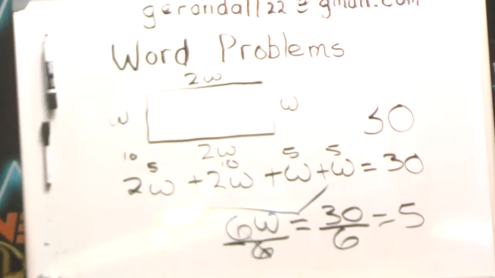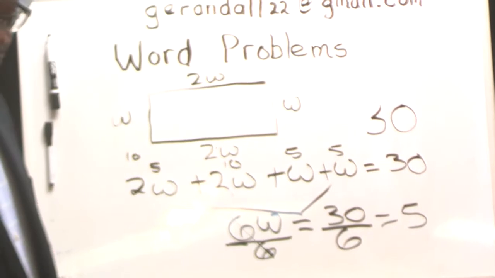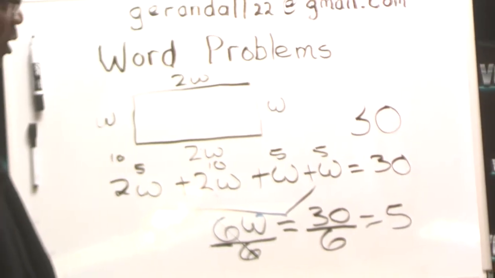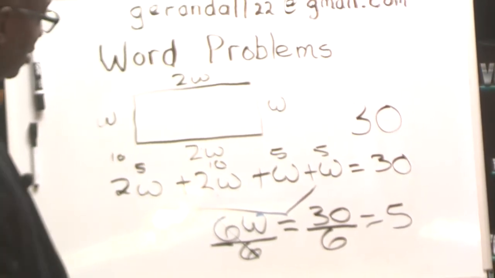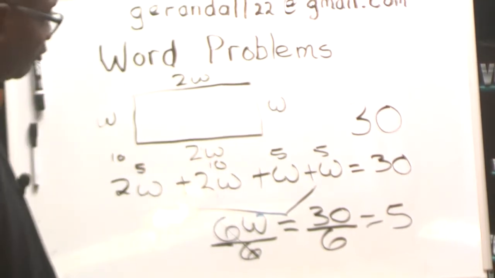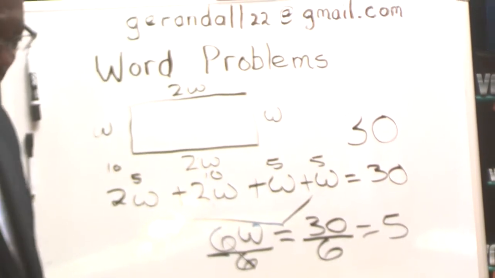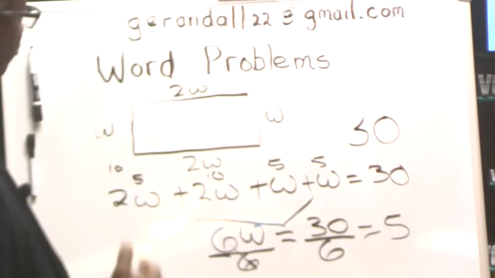The question is, is the length 2 times as long as the width? And the answer is yes. So we have that problem solved. We were able to read, we were able to write, and we were able to do some arithmetic. And again, it was all referring back to the basic skills. So we've solved one word problem.